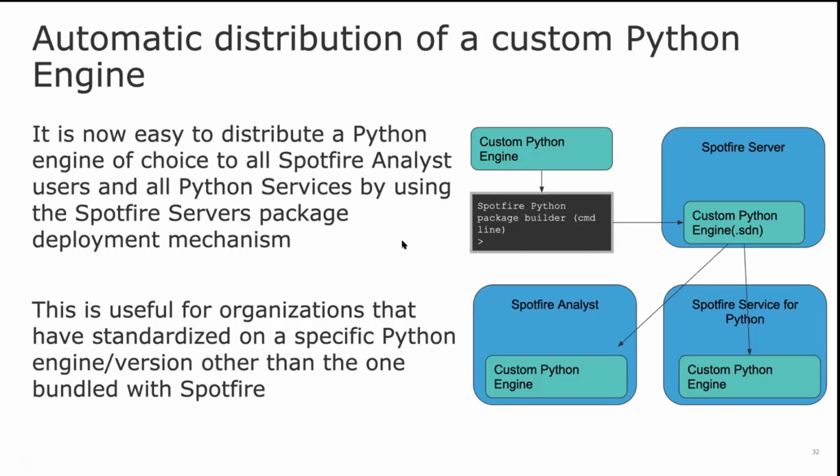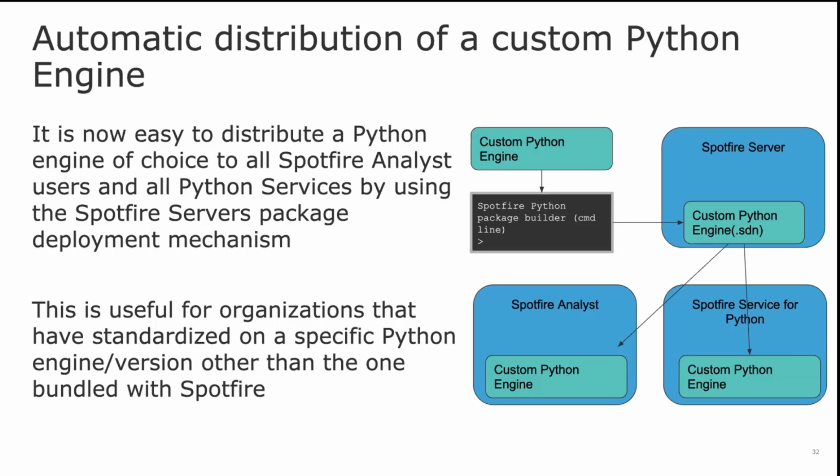Spotfire is, of course, shipped with a Python engine, but you can also use your own favorite engine. Maybe you're using Jupyter Server or Studio Server with your favorite Python engine, and you would like Spotfire data functions to use the same. Now you can do that by using the command line tool that would create a custom Python engine SDN.